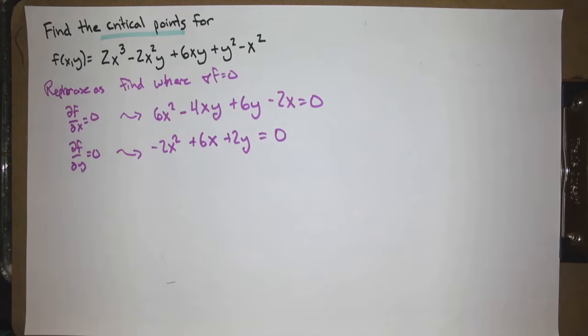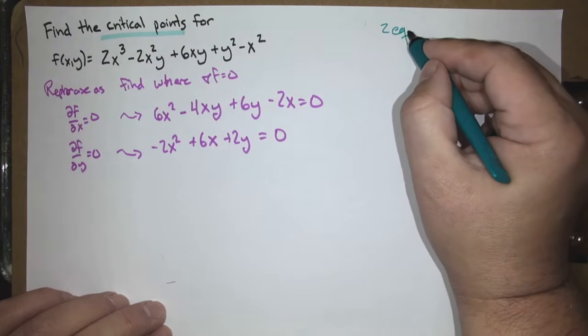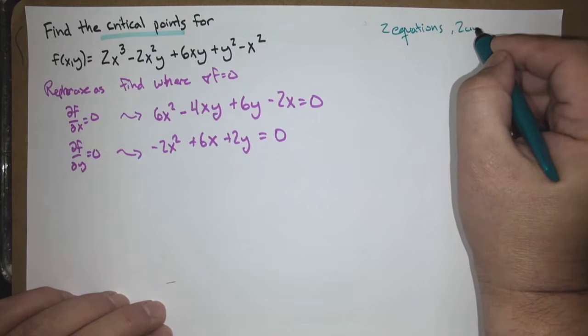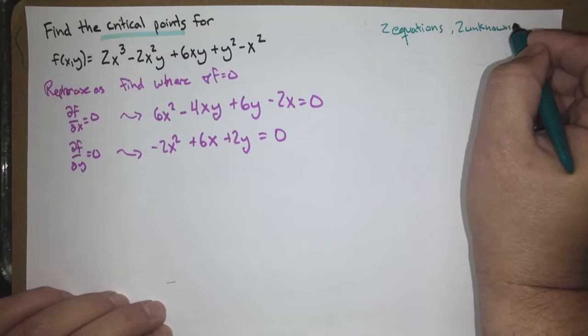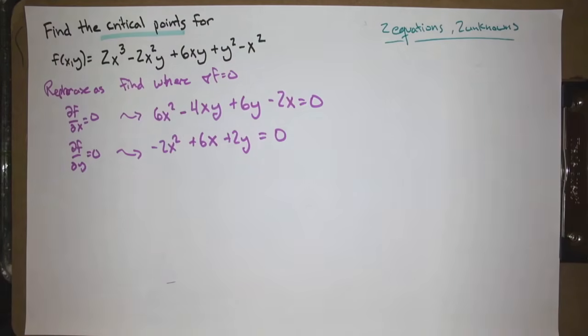Now, what do we get? Well, we're going to get 2 equations and 2 unknowns. But now, this is not our bread and butter, 2 equations, 2 unknowns. You have to work a little bit harder most of the time. So what tools do we have? Well, let's talk about a tool you almost never get: elimination.